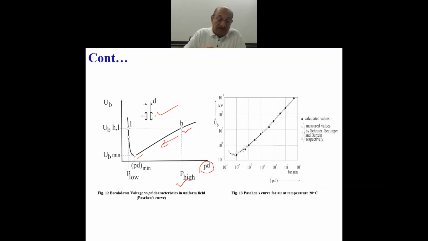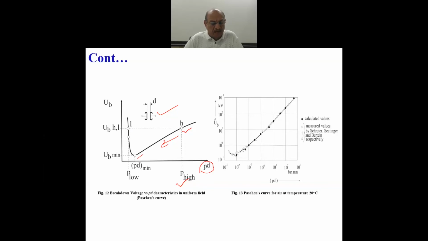So even at lower voltage, the breakdown can be measured, and that is how the breakdown voltage reduces to this point. The minimum point is somewhere very close to atmospheric pressure. We have analyzed that also very well.